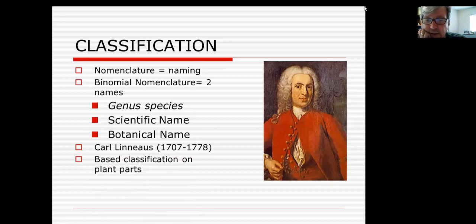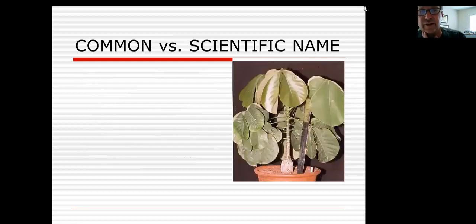So in plants, the classification was developed around plant parts. And now as we're getting into using more of the DNA background, there's been some reclassifications based on the genetic similarities. But still, ultimately, it goes back to basic plant parts is what they use for the classification system.